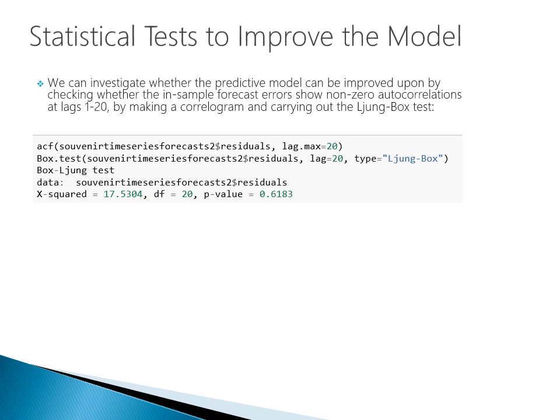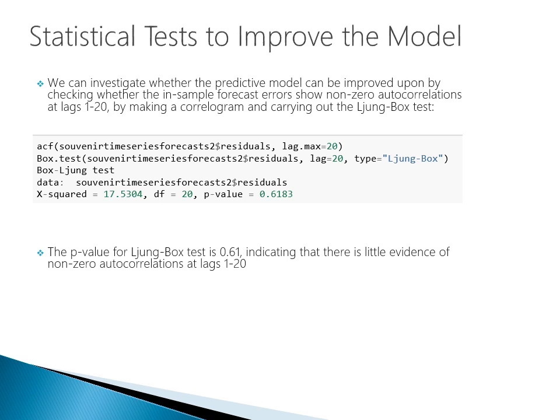We can investigate whether the predictive model can be improved upon by checking whether the in-sample forecast errors show non-zero autocorrelations at lags 1 to 20, by making a correlogram and carrying out the Ljung-Box test. When we run the Ljung-Box test, in this case, the p-value is 0.61, indicating that there is little evidence of non-zero autocorrelations at lags 1 to 20.